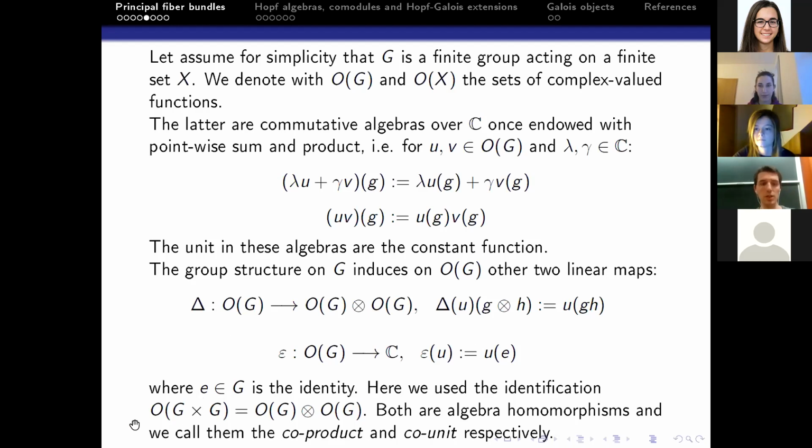But here we are using that O(G times G) equals the tensor product of these two algebras, which is a result that holds in particular for finite groups. And so we are given this map in this way. It is easy to see that both maps are algebra homomorphisms, so they preserve the algebra structure, and we will call them respectively the coproduct and the counit.